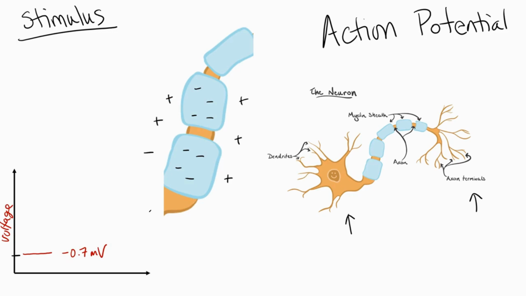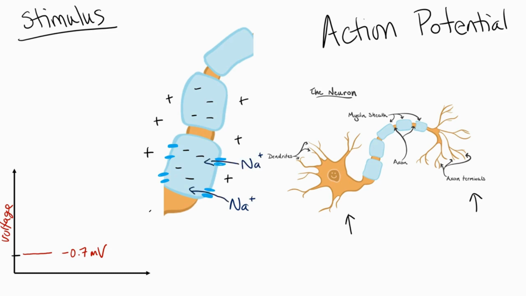What happens is that there are these little channels, these little spots on the edge of our membrane, and suddenly a whole bunch of sodium ions, which have a plus charge and have been outside the cell because that's where they live, all start pouring in.